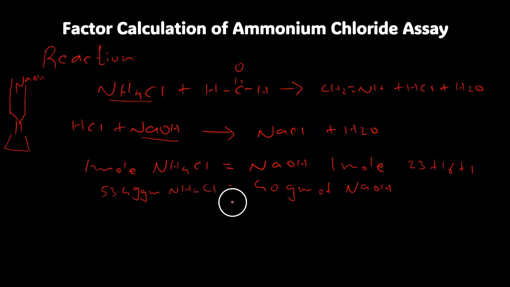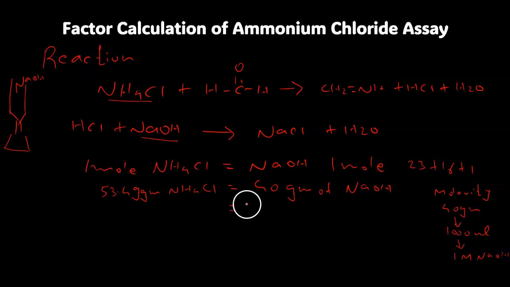Now for the factor calculation, I have to convert this 40 grams of NaOH into the concept of molarity. The concept of molarity is that when we add 40 grams in 1000 ml of solvent, it gives a 1 molar NaOH solution.